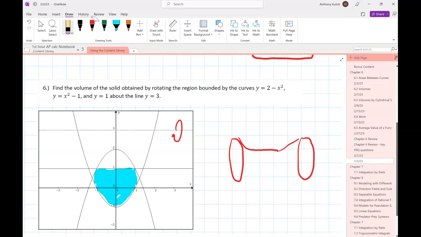The other side, it's not symmetric though, right? It's like this. Or I should say it's like that or something. It's weird looking, right? Something like that. Okay.